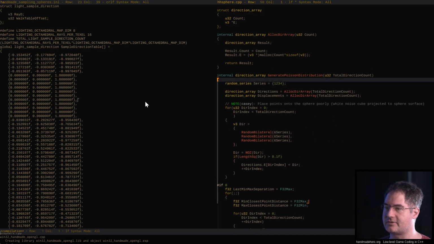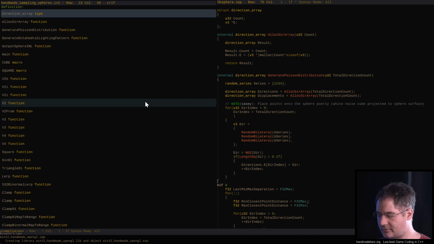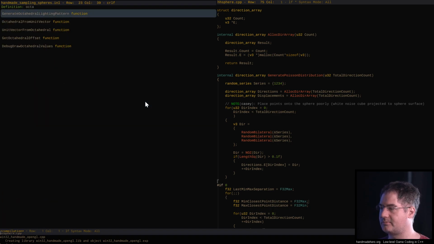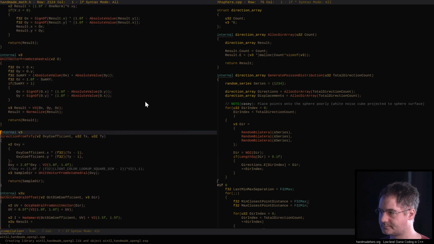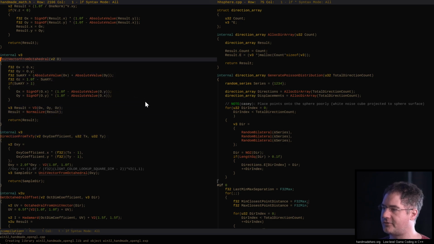And we're just going to seed the directions out of the texel. So we use the octahedral to offset something, right? So this unit vector from octahedral will give us a sampling.